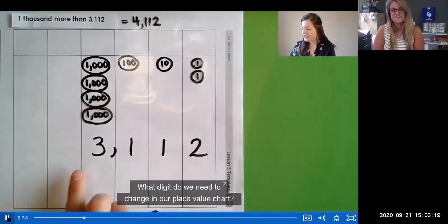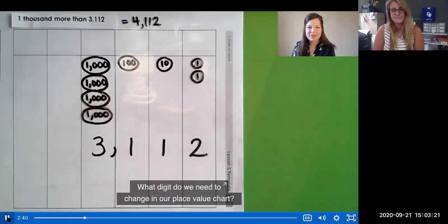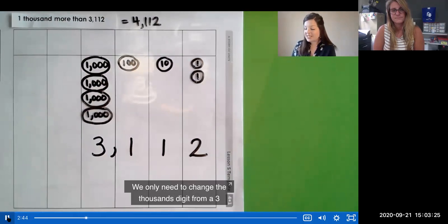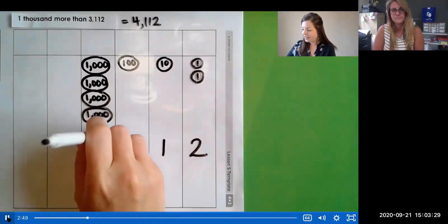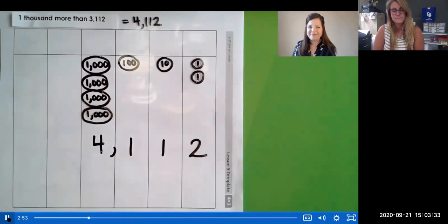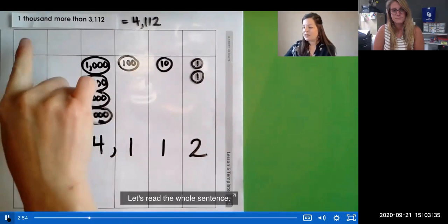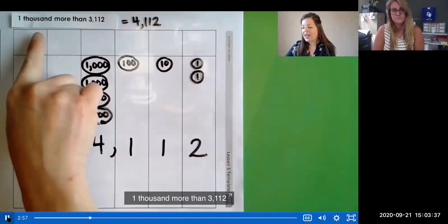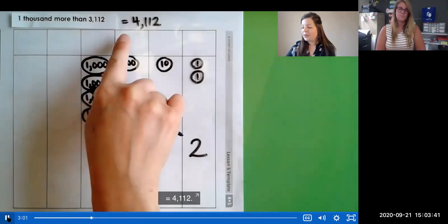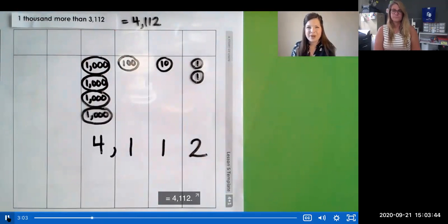What digit do we need to change in our place value chart? We only need to change the thousands digit from a 3 to a 4. Let's read the whole sentence. 1,000 more than 3,112 equals 4,112.